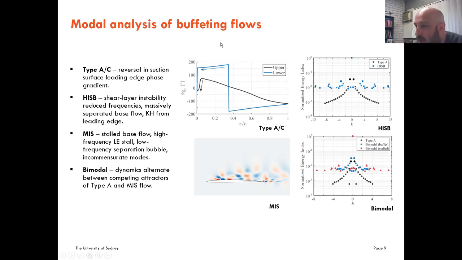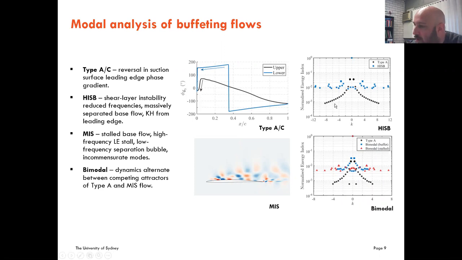Now, the type A C motion, if you remember, is where the shock moves upstream and propagates up into the free stream, and then it slowly reappears over the aerofoil, and is characterized by this kind of reduction towards the leading edge on the phase gradient. Now, this is not a hard and fast rule. It's something that has been noticed to occur during the cycle in this particular type of buffet behavior.